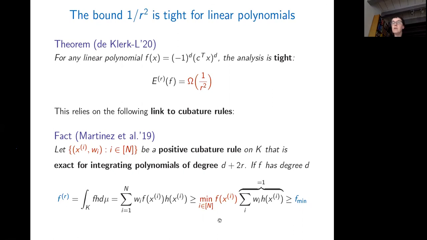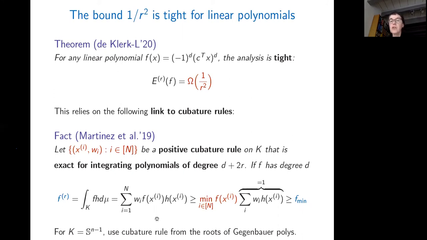So if we have a set K equipped with a nice cubature rule where we know the behavior of f, then we get a lower bound for the error of the bound f_r. And this is exactly what's happening for the unit sphere. There are some known cubature rules, built from the roots of Gegenbauer polynomials, and then we know everything. This is why we can deduce that the rate 1 over r squared is tight.